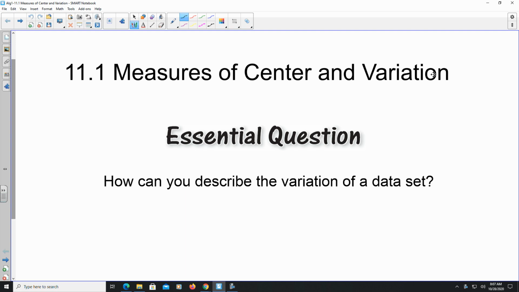In this lesson, we're going to be looking at section 11.1, where we're going to find measures of center and variation.